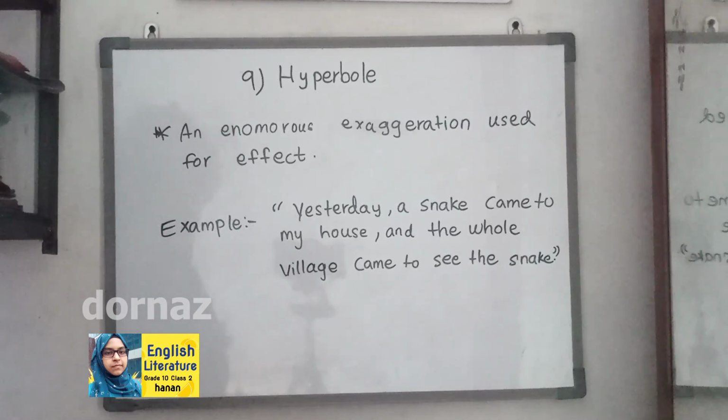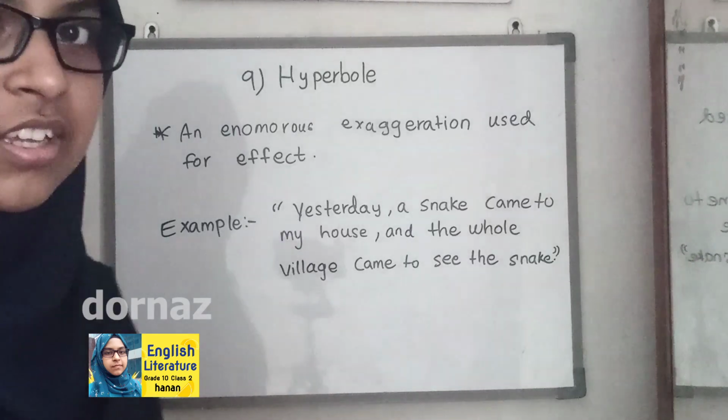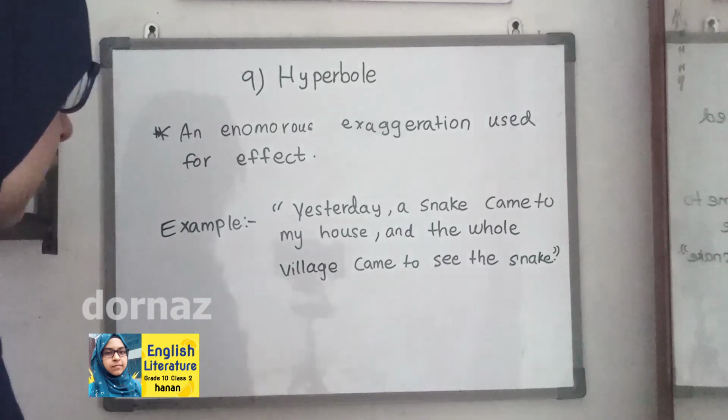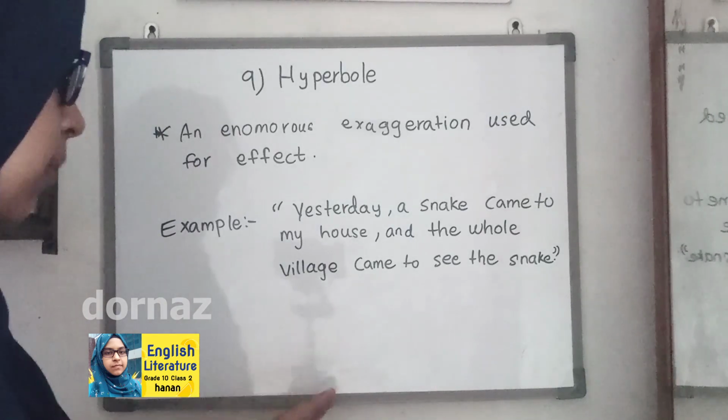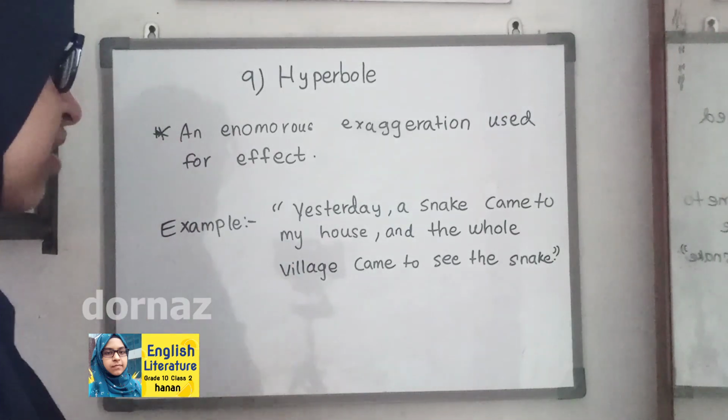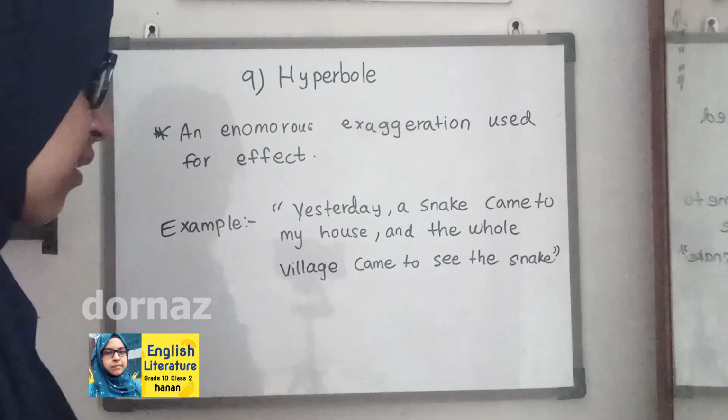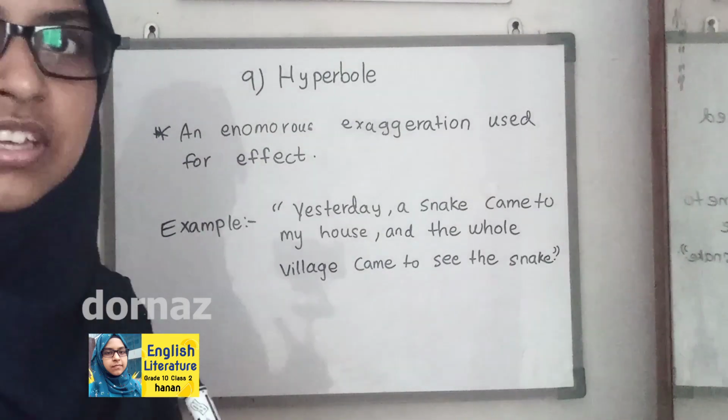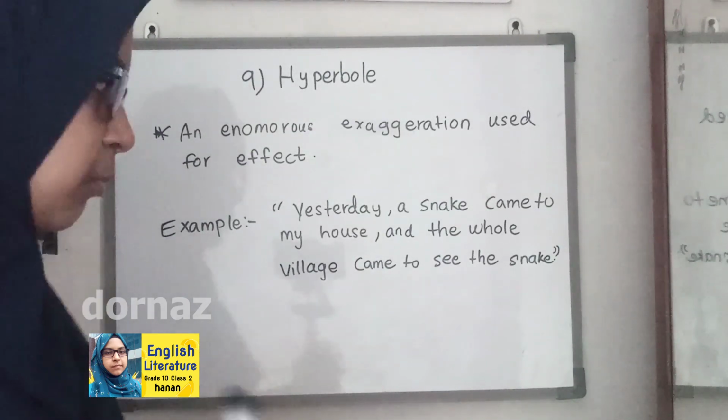Yesterday a snake came to my house and the whole village came to see the snake. Can you understand what the line says? Can the whole village come to see a snake?